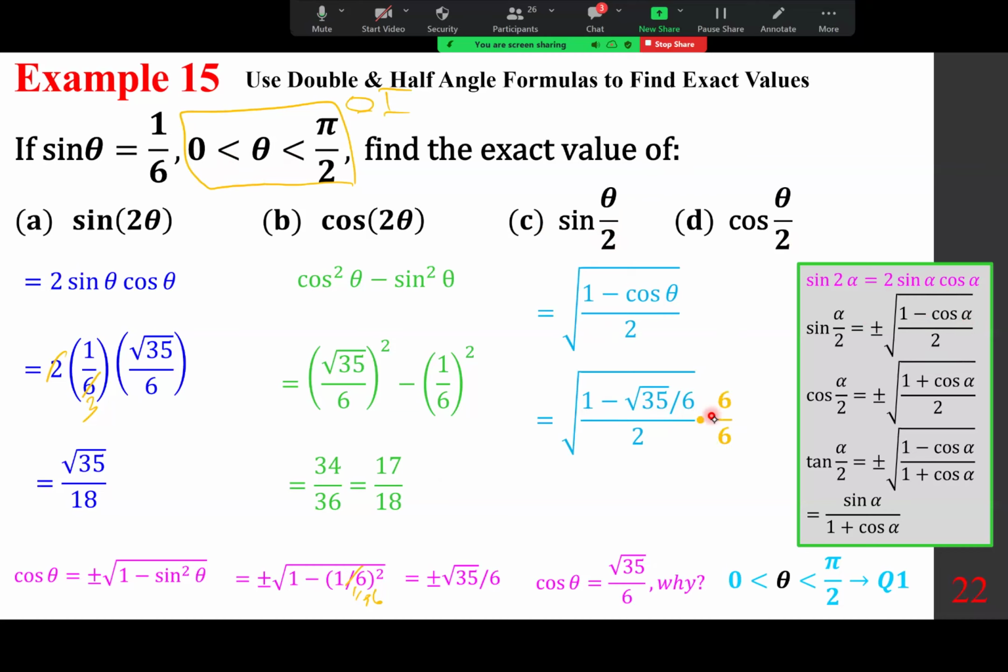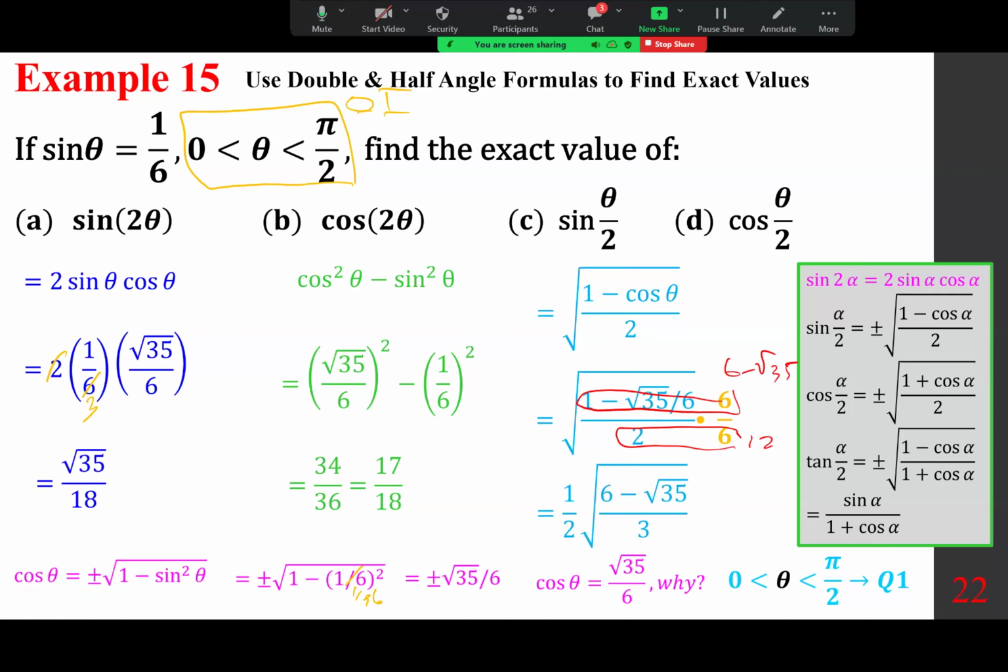And so what happens is that the numerator, this becomes 12, and this becomes 6 minus square root of 35.